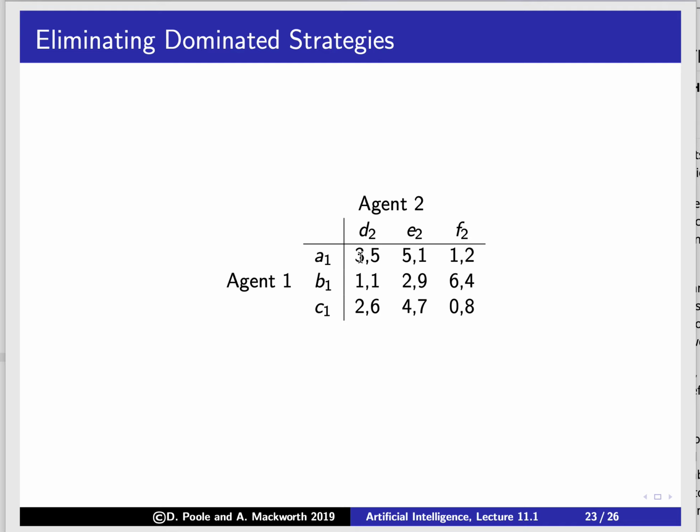But let's look at A1 versus C1. No matter what agent 2 chooses, 2 is less than 3, 4 is less than 5, and 1 is less than 2. So no matter what agent 2 does, A1 is better for agent 1. Agent 1 is never going to choose C1 if A1 is available, because A1 is always better, so we can cross this one out.